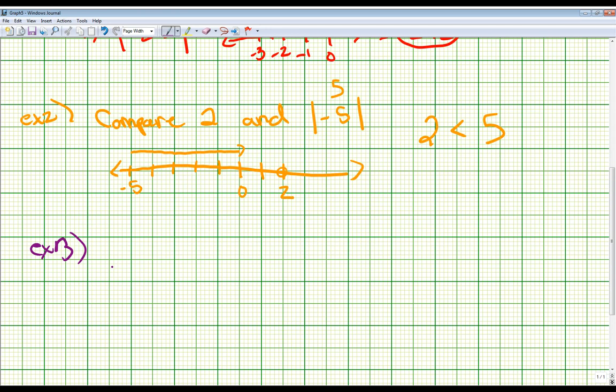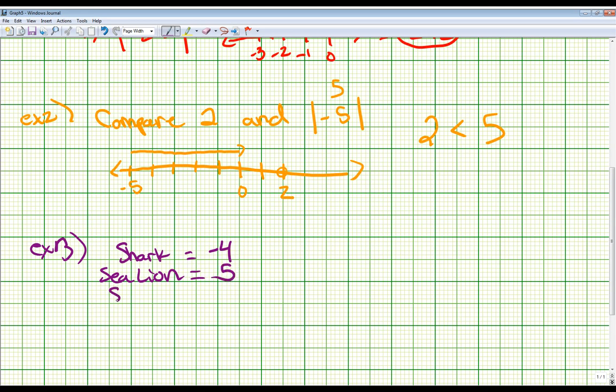So let's take a look at the chart and list in our journals what information they give us. They tell us that the shark is going to be at -4 feet. They tell us that the sea lion is going to be at 5 feet.